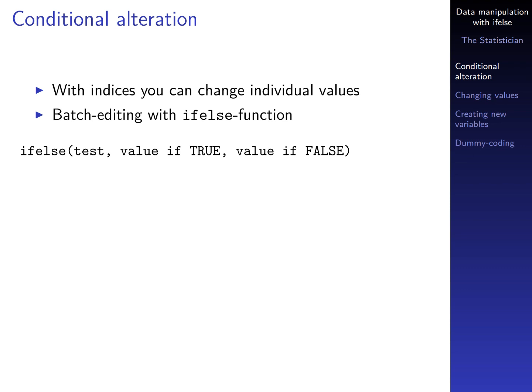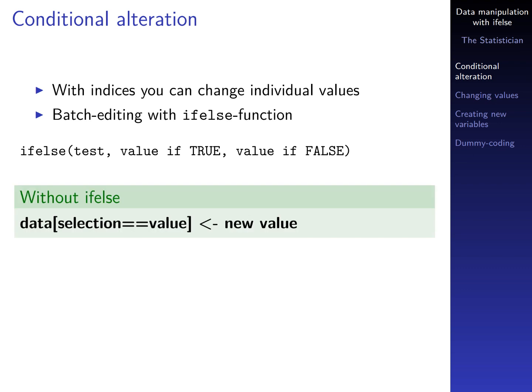Inside ifelse, we first test some condition, and if it turns out to be true, we give it a new value. Otherwise, we give it some other value. Of course, you can do conditional fixing without ifelse.